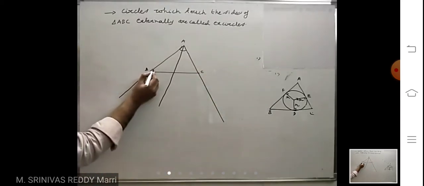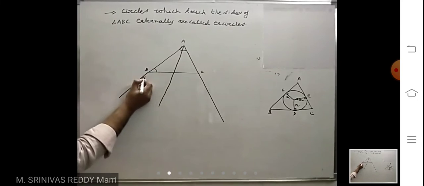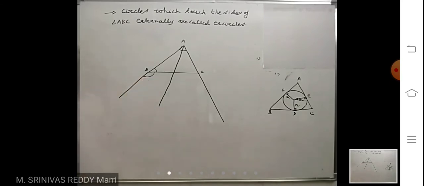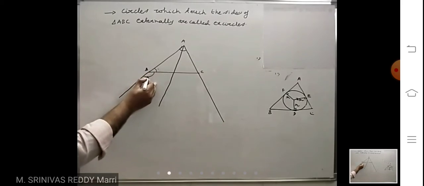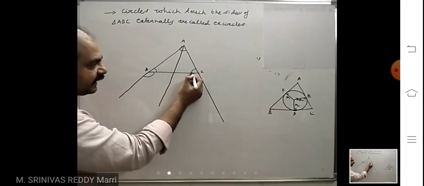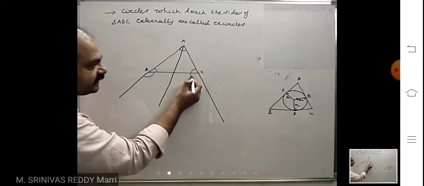Now look at, here this angle B is called the interior angle and this angle is called the exterior angle, which lies outside the triangle. If this is angle B, this is nothing but 180 minus B. This is called the exterior angle. Now this is the interior angle and this is the exterior angle.